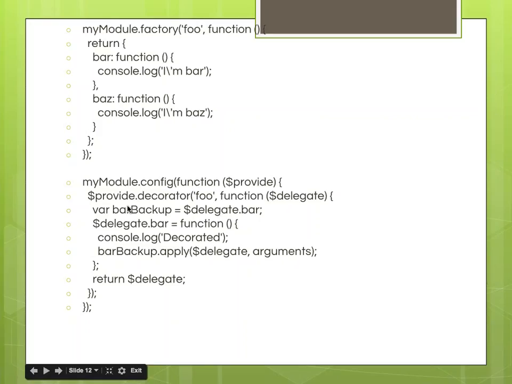It takes a backup, delegate.bar backup, and creates a new delegate.bar function. The same function will run because we are doing bar backup.apply. Before you do apply, you can write your own function, like error handling or whatever. Where I have console.log decorated, you can write your function to handle the error. For each service, you have to write the decorator.